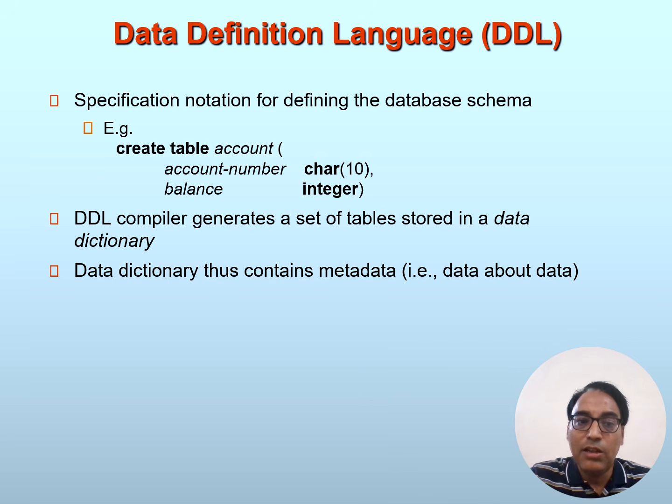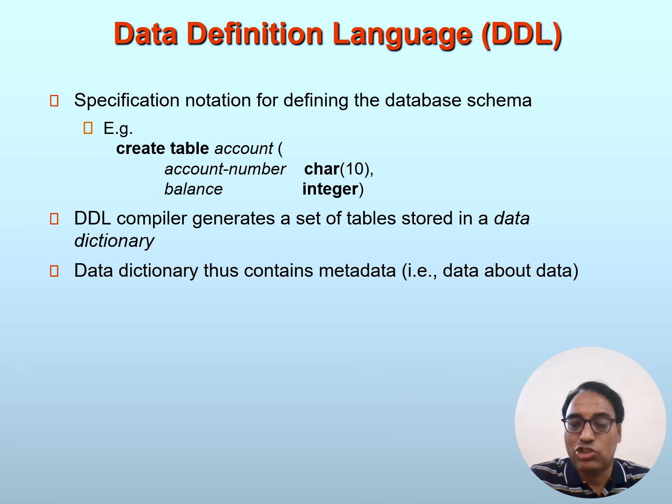So create table is a command with specific keywords which I cannot change, so I've kept them bold. Then I'm putting an account. Account is the specific table name. Create table and then the table name. I'm opening a bracket, parenthesis, account number and balance.